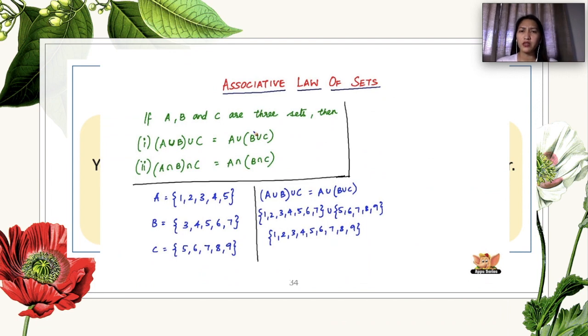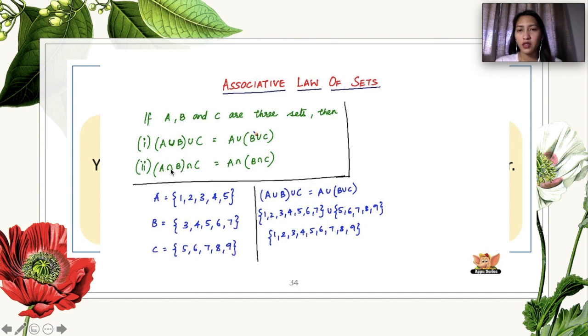Well, for associativity, so if you have A, B, and C, and these are three sets, then A union B union C is also the same as A union B union C. If you have here two the same symbols, then you can process this alternatively.